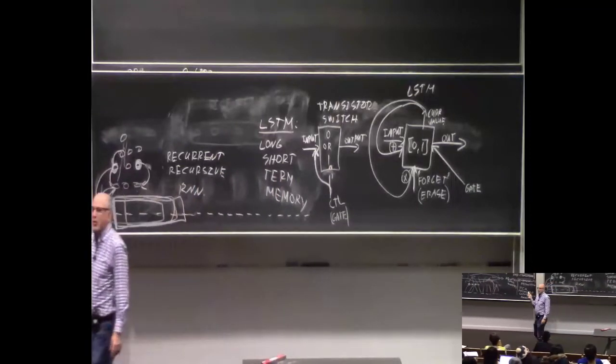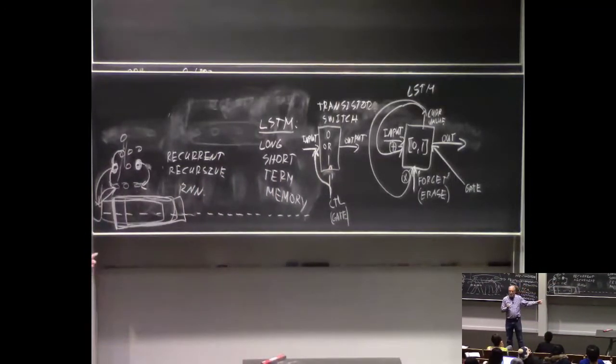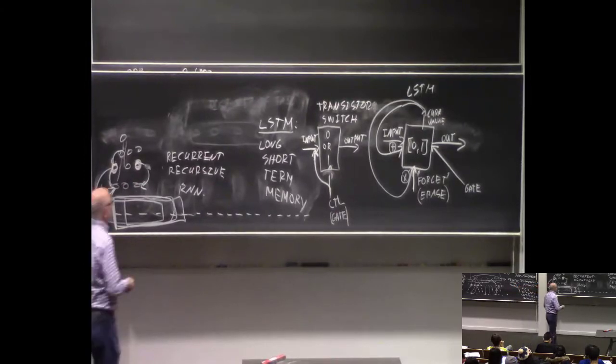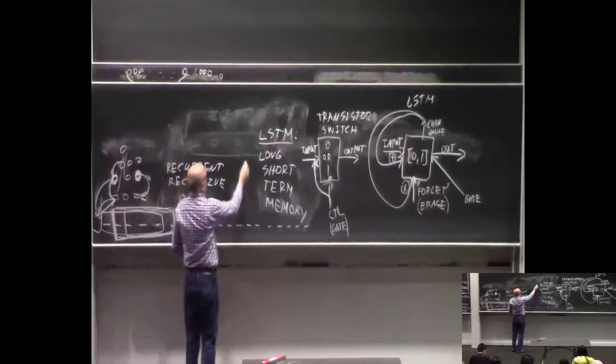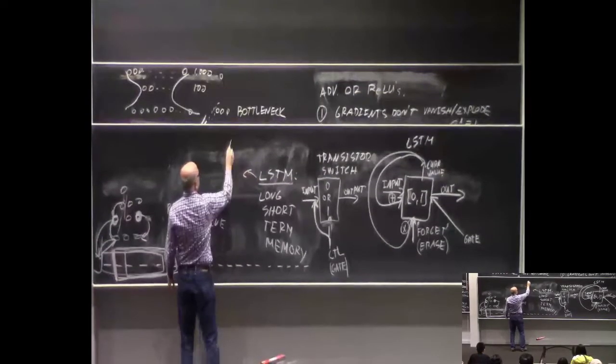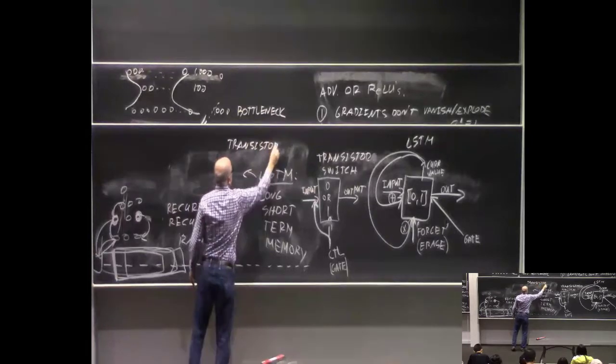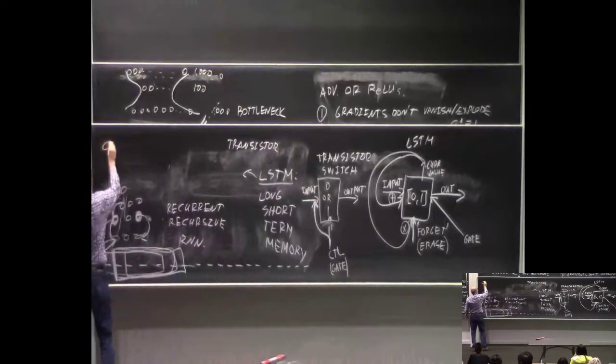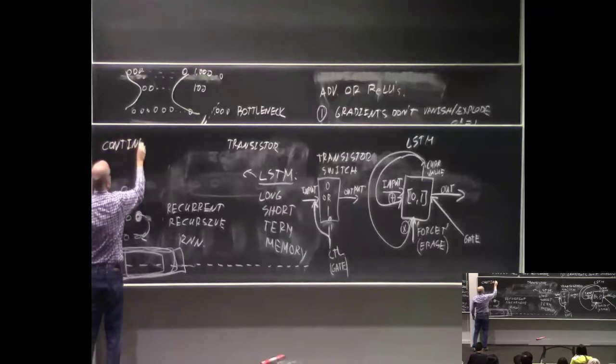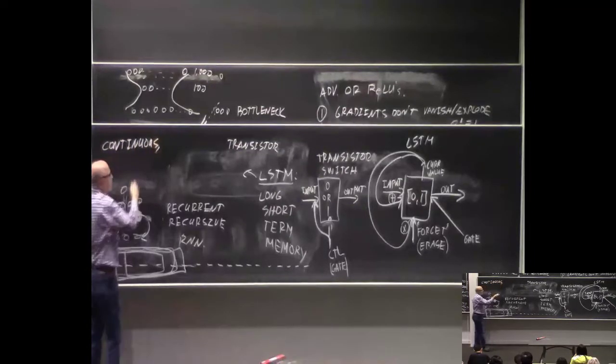Now here's the ingenious idea. I put a lot of arrows there. All these arrows correspond to weights. And all these weights are learnable. They're part of the weight of the network. This is why I call an LSTM a transistor, but it's a continuous one, as opposed to a binary, regular transistor.